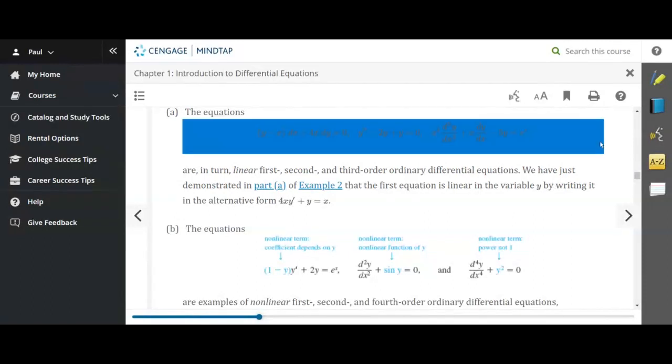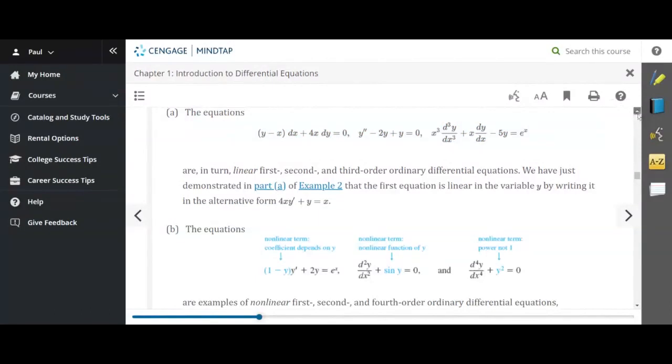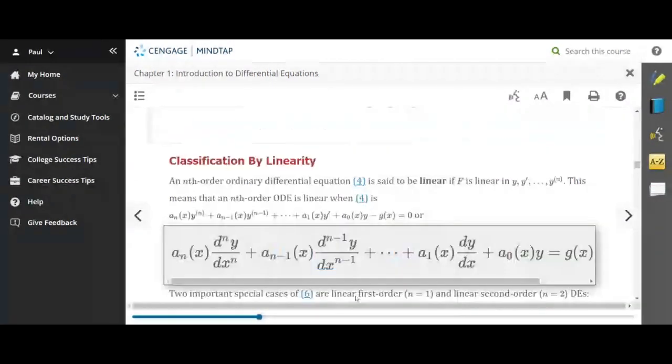If you go back to the definition of a linear differential equation, all the derivative terms, if they have coefficients in front of them, coefficient functions, which they do, they have to be functions of x alone. You can't have a function of y in front of a derivative.